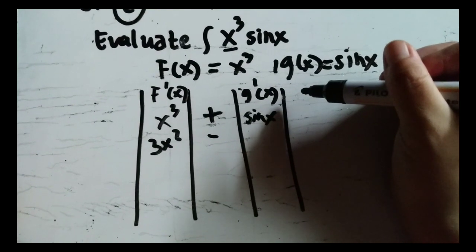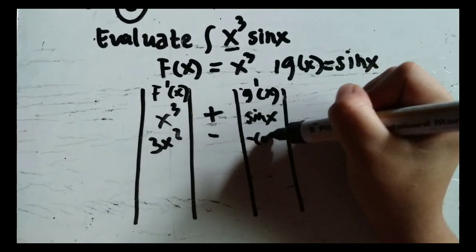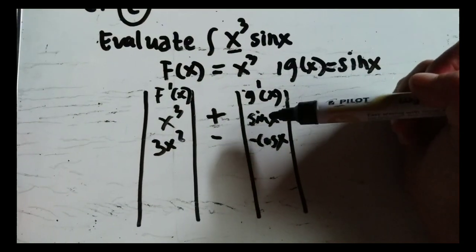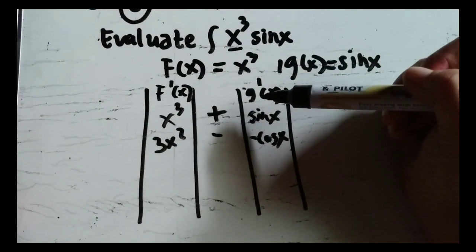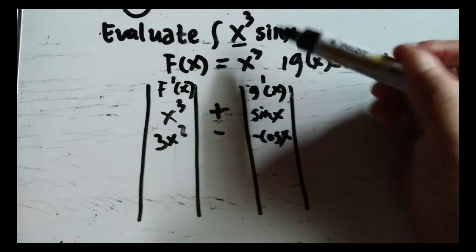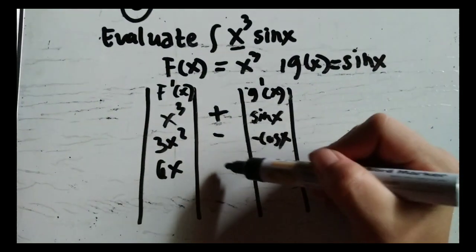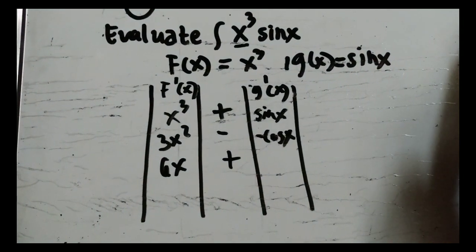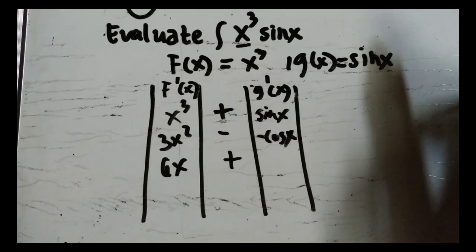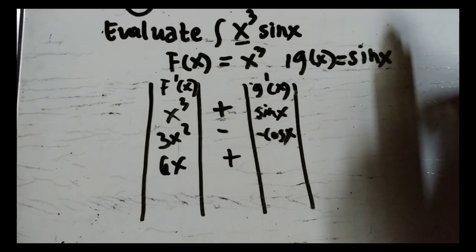The antiderivative of sine x would be negative cosine x. Next, the derivative of 3x squared would be 6x, then plus, then the antiderivative of negative cosine x.